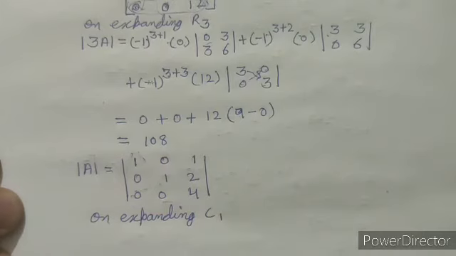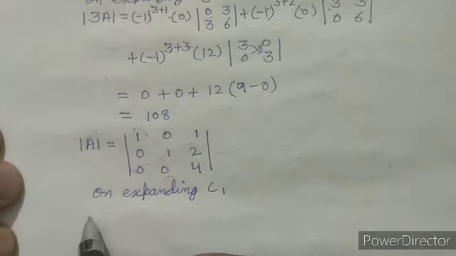On expanding column 1, the determinant of A will be plus 1, as the first element of column 1 is 1.